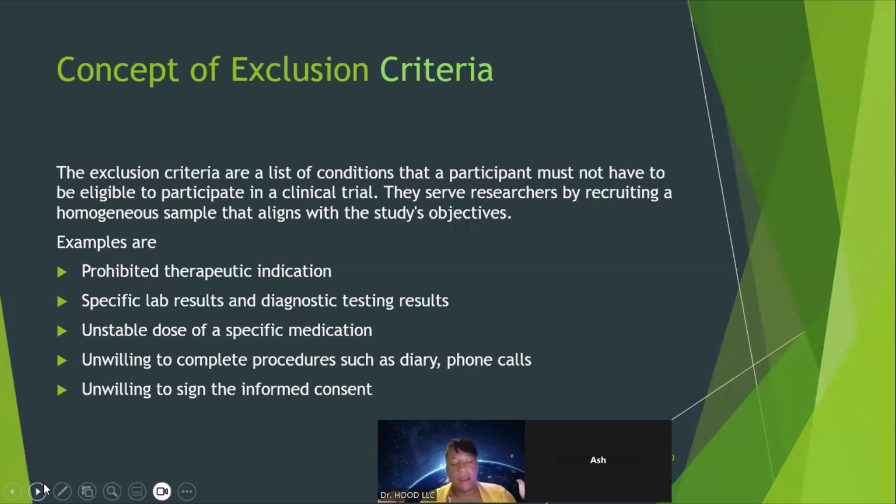You can't test diabetes on a person that doesn't have it, and add their lab values and vital signs, if they don't even have the indication. So that's the whole point of the inclusion and exclusion criteria: to make the sample as homogeneous as possible.